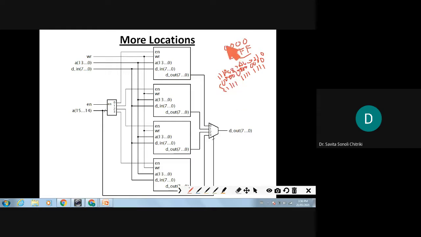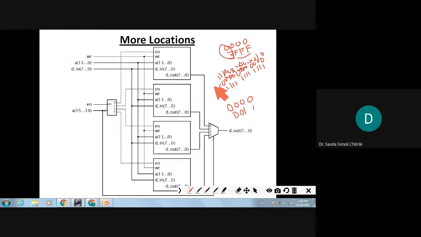You see the last nibble. Last nibble I will write. Last nibble 0 means all 0 0 0 0. 3 is how much? 0 0 1 1.